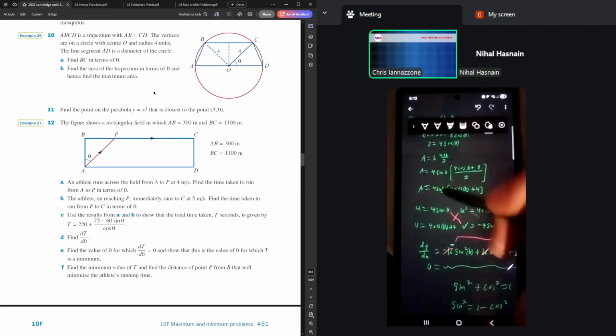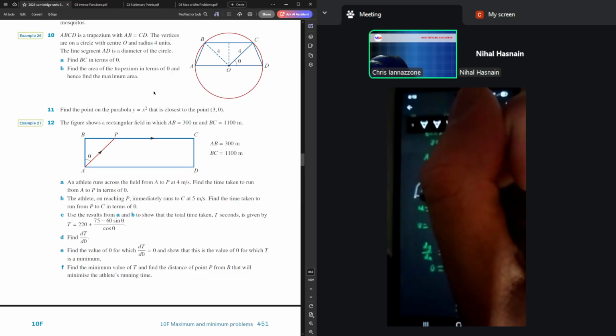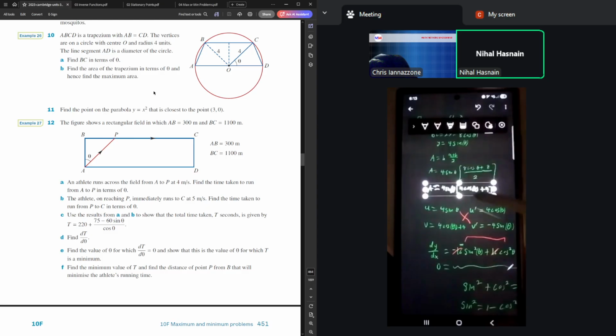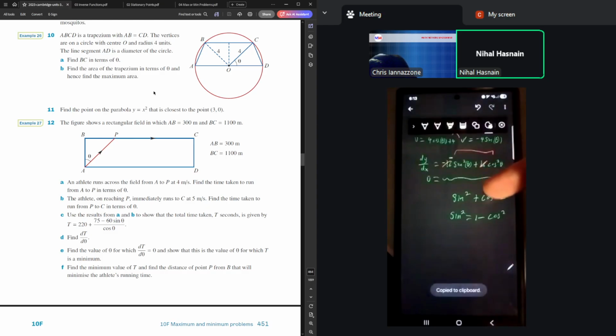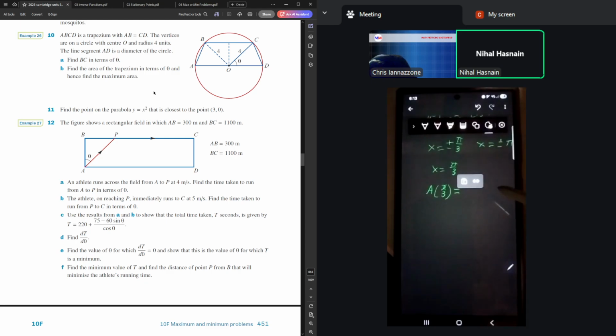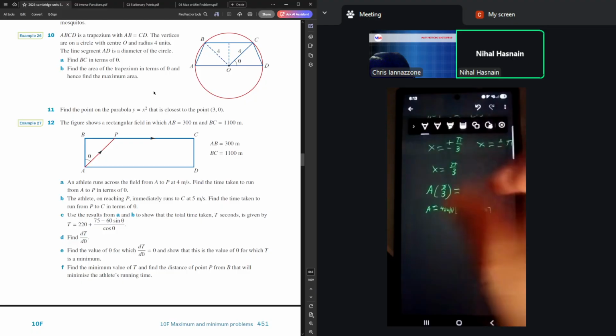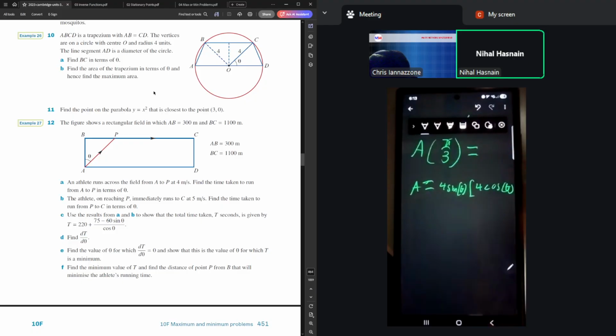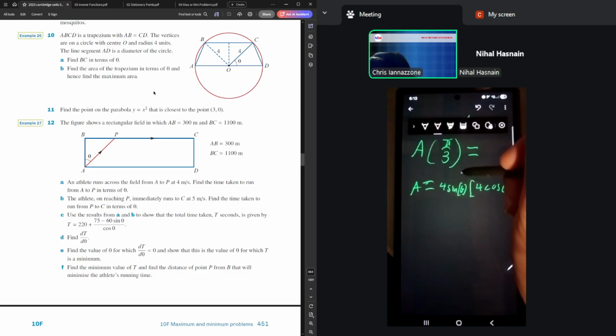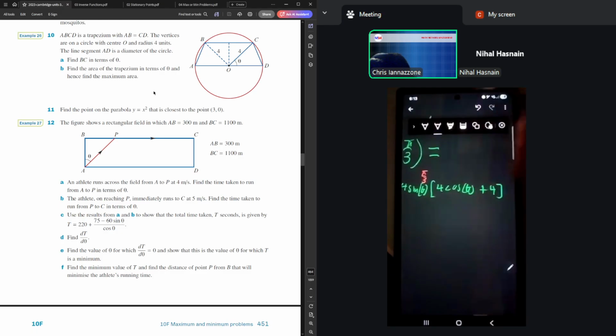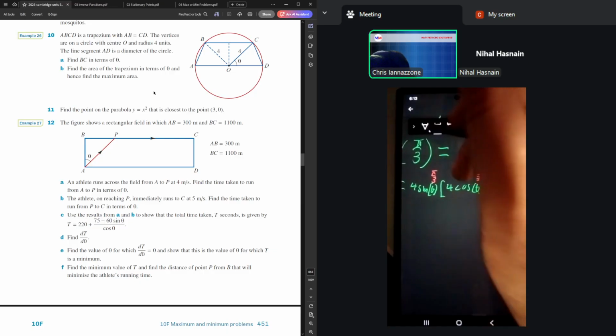So that was this one here. Let me see if I can get a copy of it. Okay, so sine pi on 3, cos pi on 3.